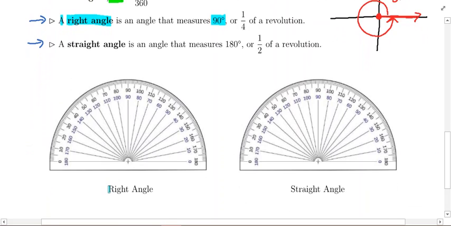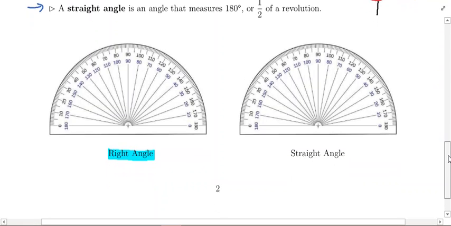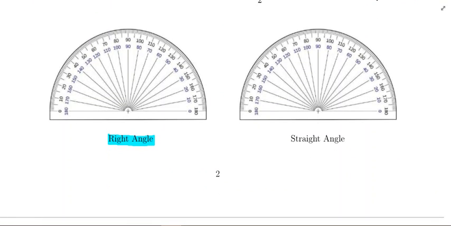On this first protractor, I'm going to draw a right angle, or a 90-degree angle. Hopefully you've used one of these before. This is a pretty standard looking protractor, so familiarize yourself with how it works. Notice the protractor is 1/2 of a circle.